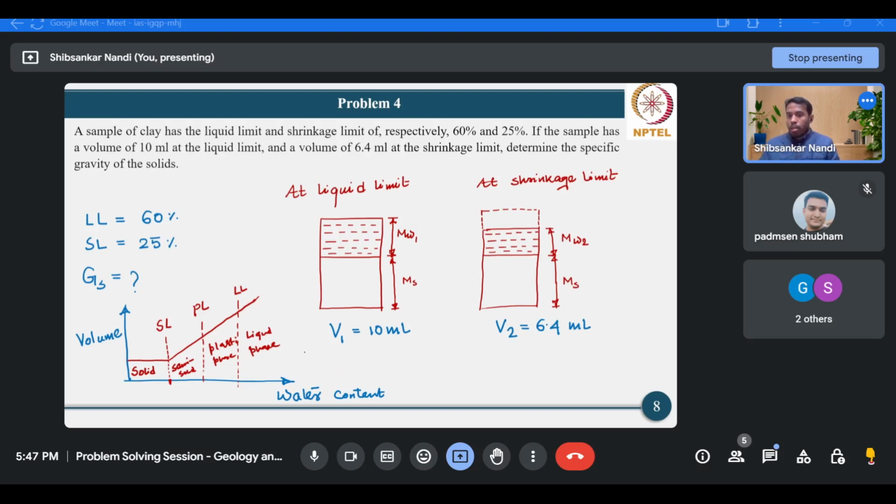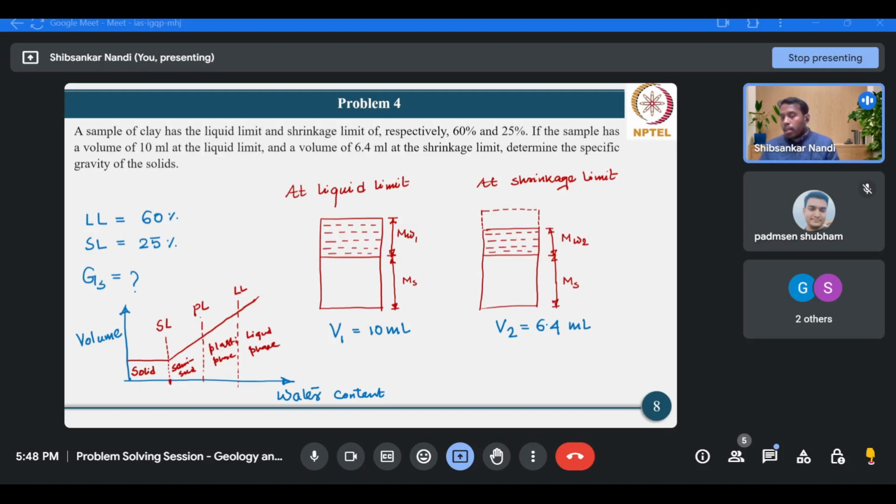So for the time being, it's clear that these limits are nothing but the water content of a soil sample corresponding to different consistency. Is it clear? So this is the x-axis, water content, and these limits are nothing but the water content. The water content at which the soil consistency changes from liquid phase to plastic phase is called liquid limit.